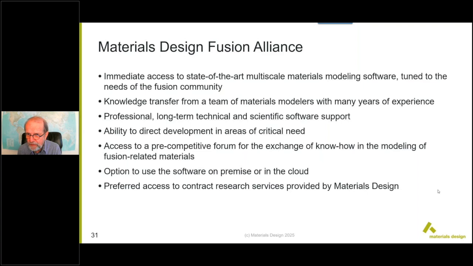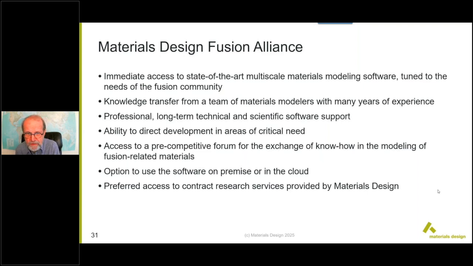And the long-term technical and scientific software support is guaranteed because we are a company dedicated to long-term support of our customers. You have the ability to influence development in areas of critical need. You also, in this Fusion Alliance, have a forum for pre-competitive exchange of know-how in modeling of fusion-related materials.